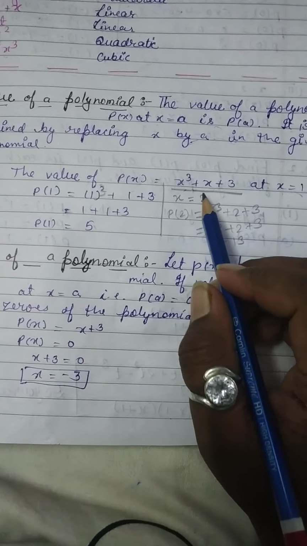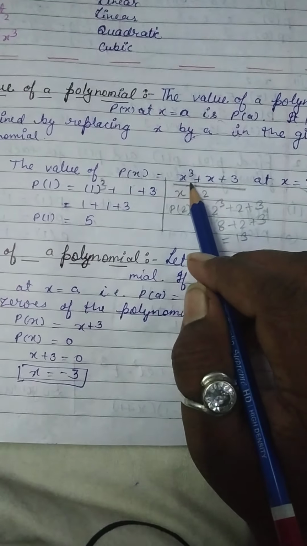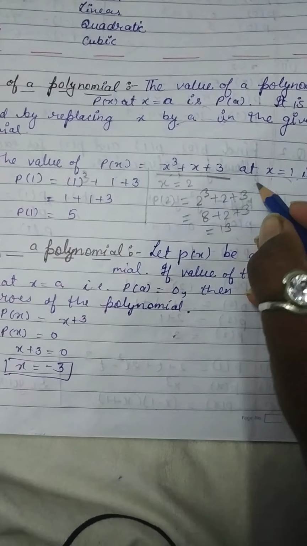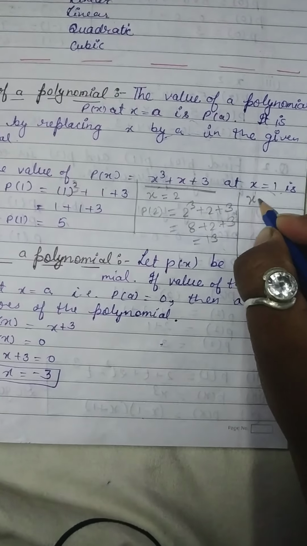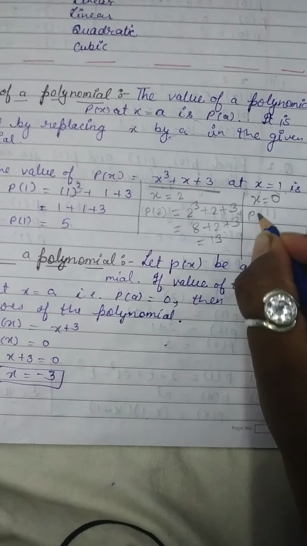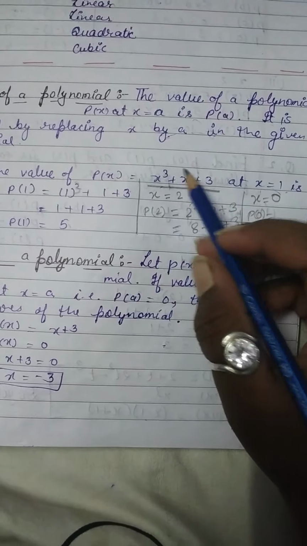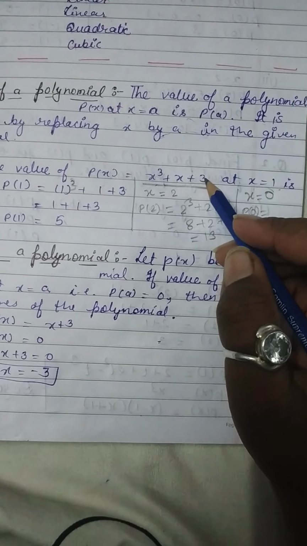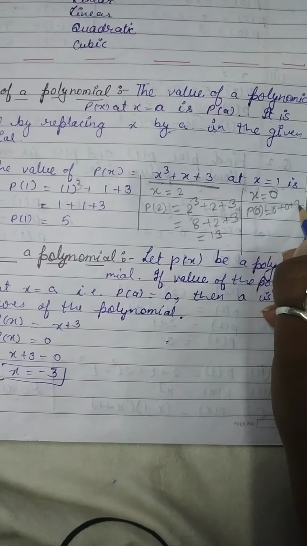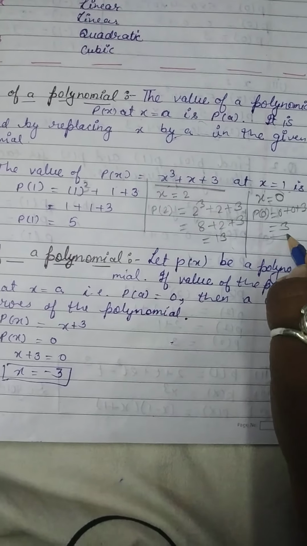It means if x is equal to 2, then P(2) is equal to 13. Similarly, if x is equal to 0, then P(0) is equal to 0 plus 0 plus 3, it is only 3.